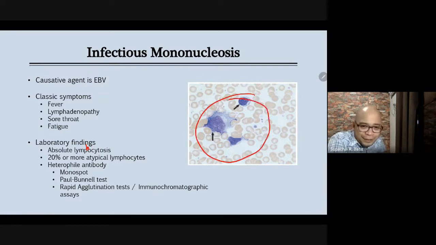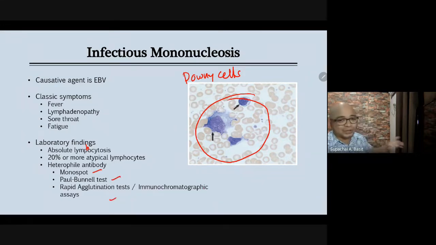If you remember your hematology, these are known as the Downey cells or atypical lymphocytes, one of the hematologic findings for infectious mononucleosis. Of course, there would be a positive heterophil antibody, which can be diagnosed through the Monospot test, Paul-Bunnell test, and rapid agglutination test.